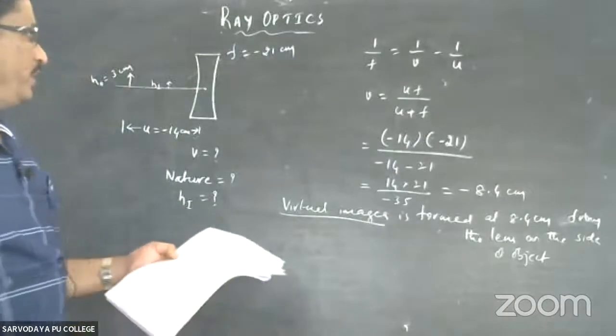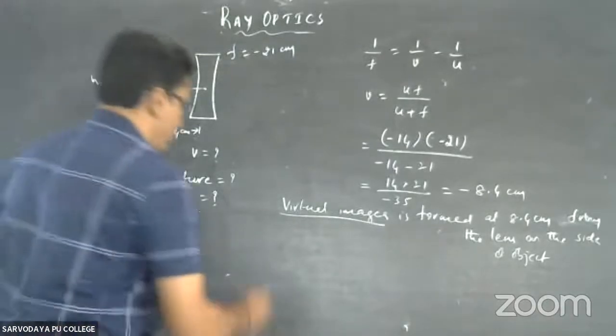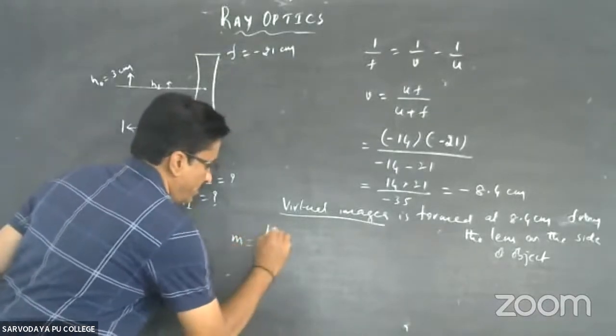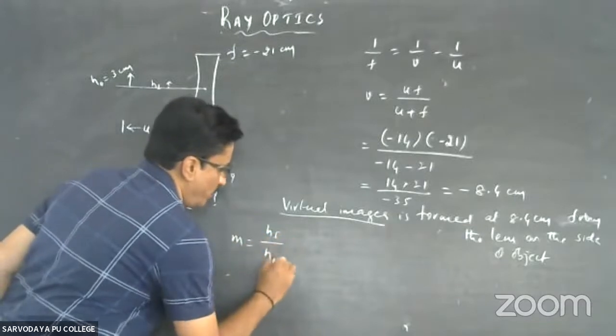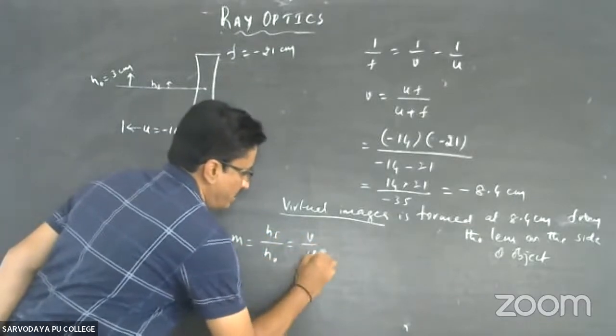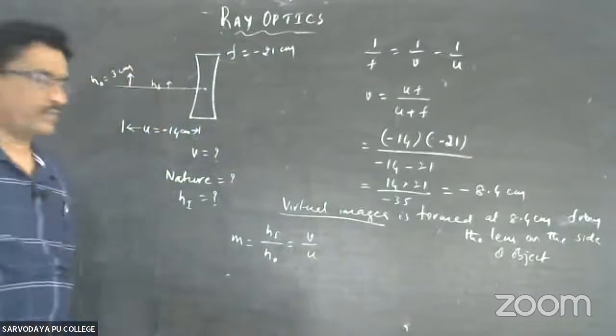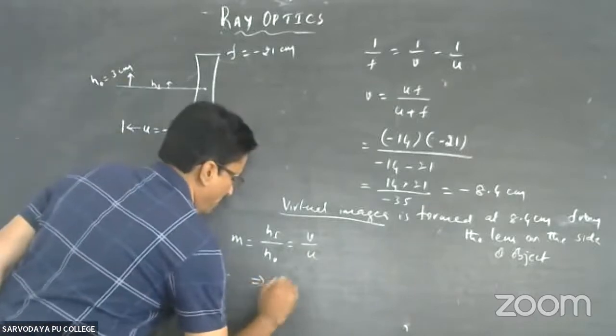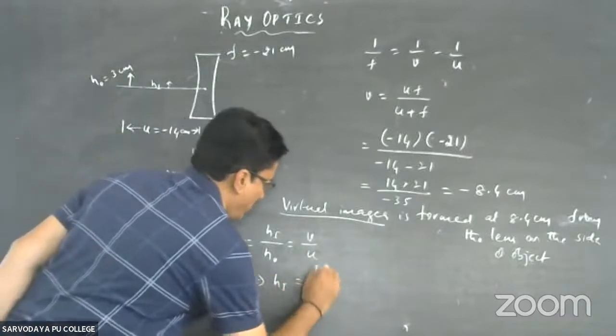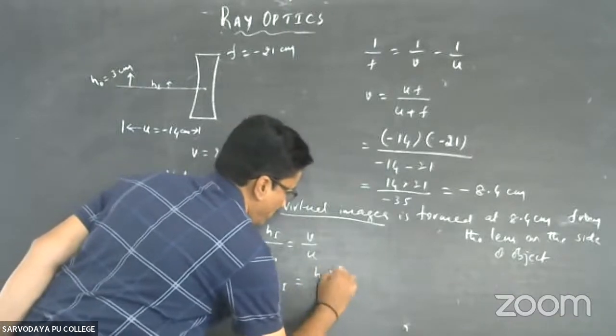Now our job is to find out height of the image. Magnification, if you consider, it is HI by HO, and in case of lens, it will be equal to v by u. That's why height of the image becomes equal to HO into v by u.